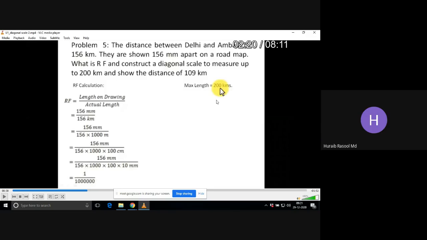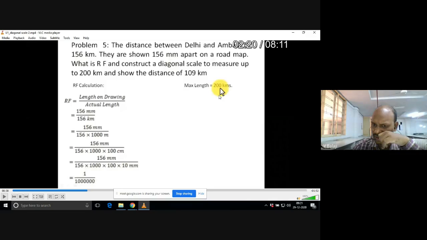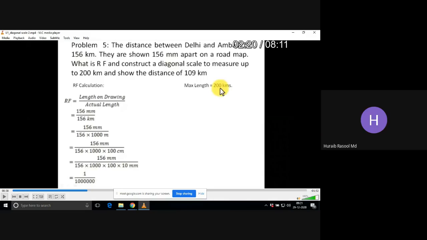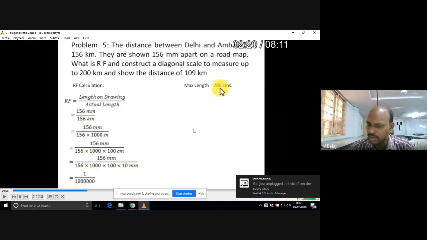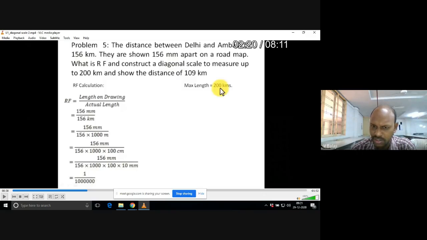And 20 kilometers equal to 1 centimeter is very difficult to draw. No, you can't make such an assumption now. You need to divide the given length into a number of equal parts. Each part should be some convenient length. That is important.